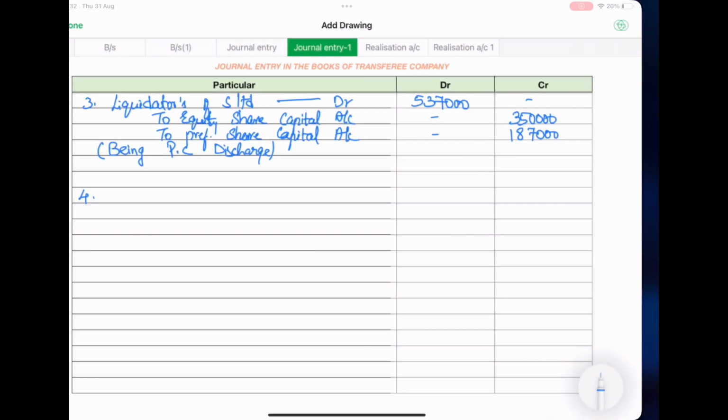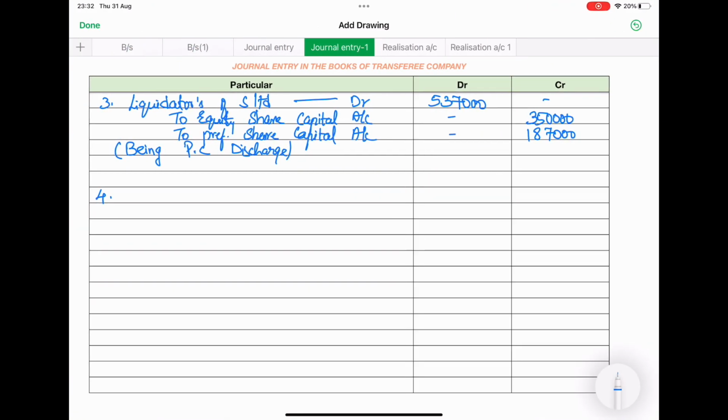So we are going to write 13% debenture of S Limited, isn't it? So S Limited we are transferring now. Debtor to 13% equivalent, we have not changed the interest given, 13%.